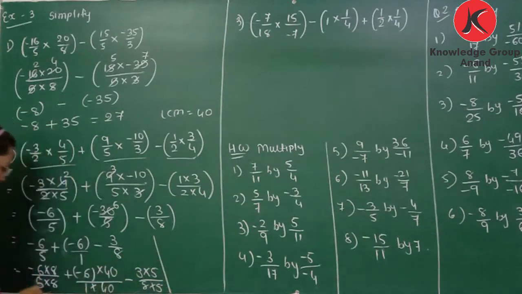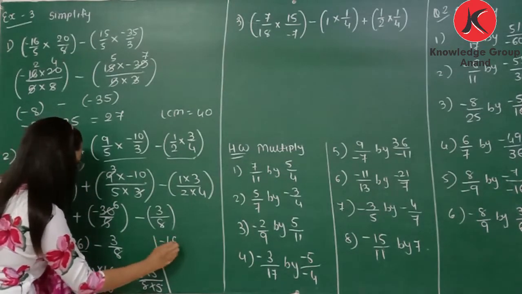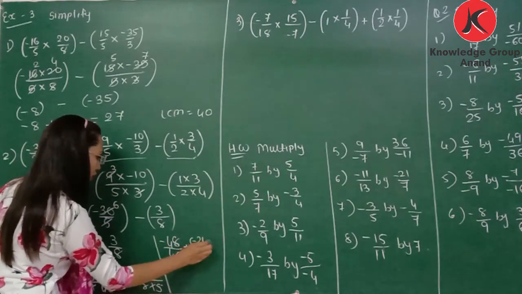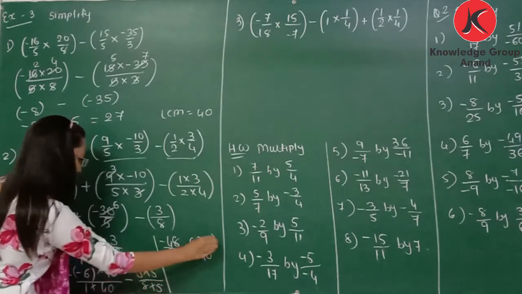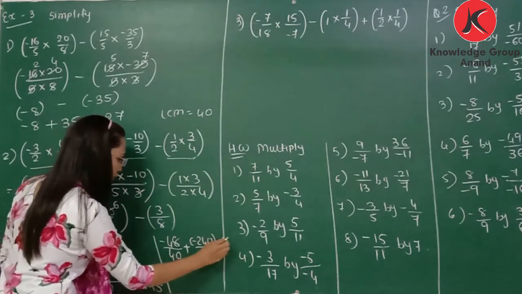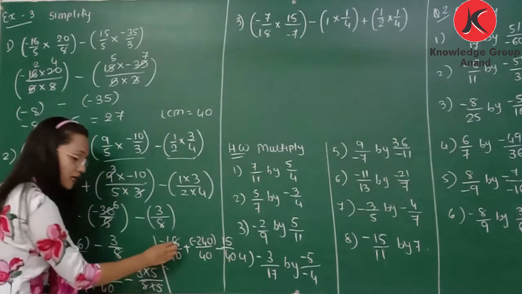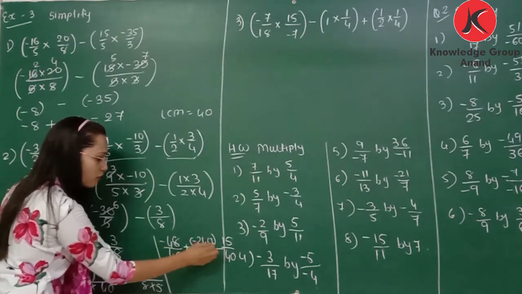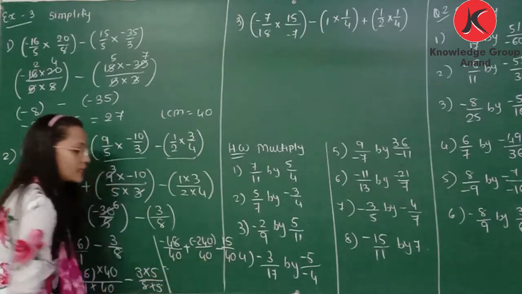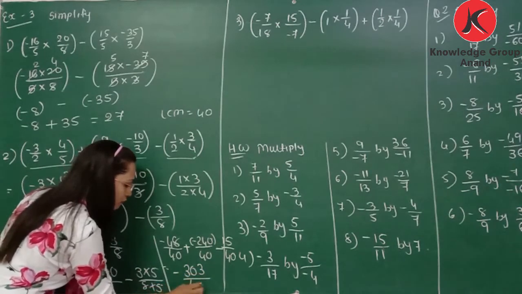Now we have 6 8s are minus 48 by 40 plus minus 240 by 40 here. 6 multiplied by 40 is minus 240 and minus 15 by 40. Okay. So we have this is minus 48, this is minus 240 and this is minus 15. So if you add these numerators, because the denominator is the same now, you will get minus 303 by 40.